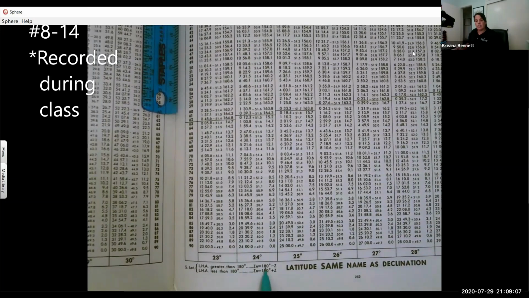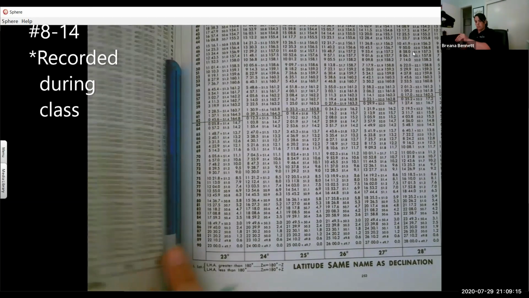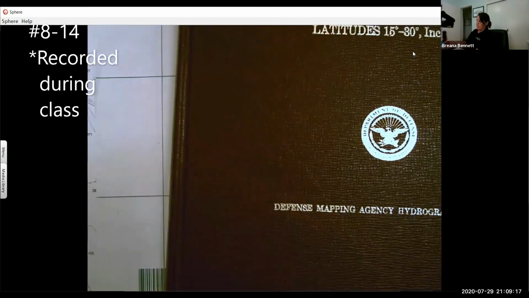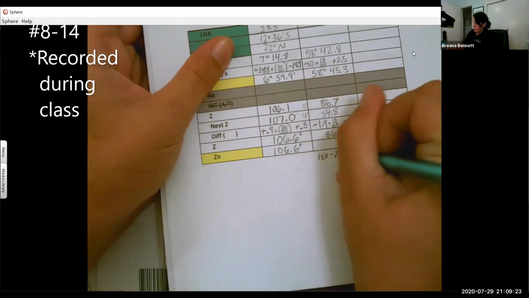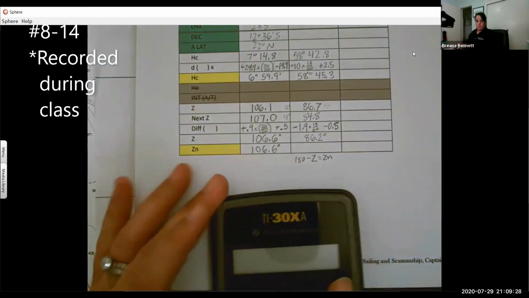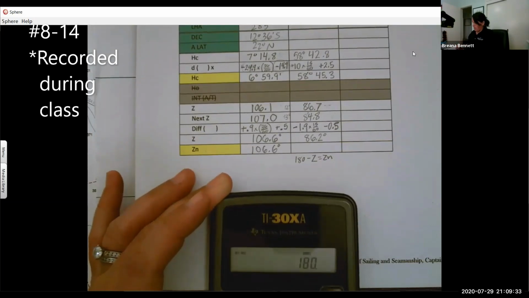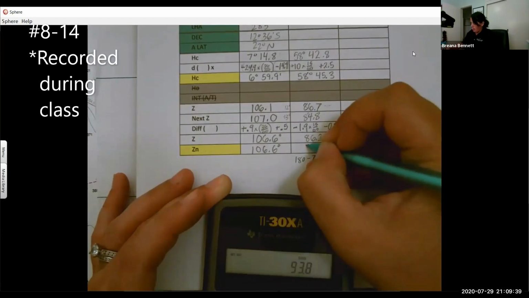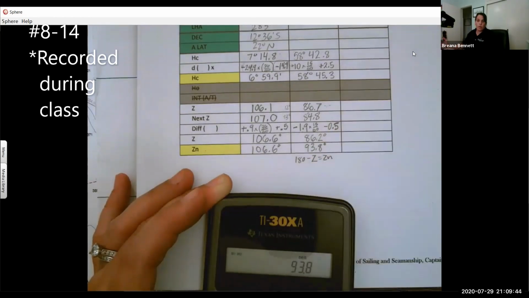So my Zn is 180 minus Z. Write that in there. So I have 180 minus Z is equal to Zn. So I have 180 minus 86.2 gives me a Zn of 93.8 degrees, or 94 degrees.